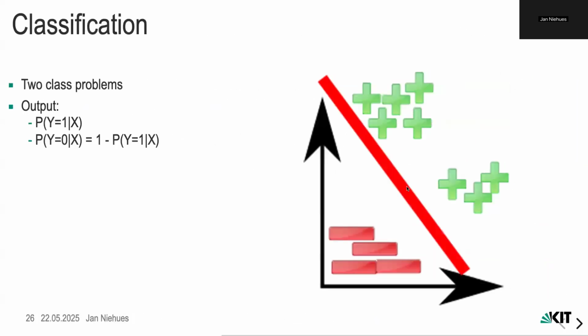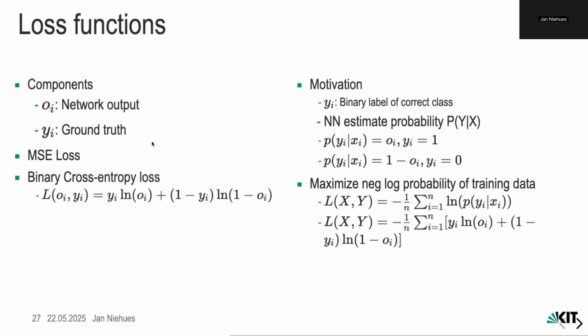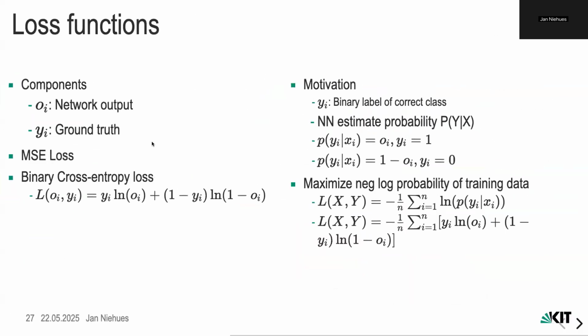So you have this binary problem, and then you have as output the probability that the label is 1. And to get the probability that the label is 0, you just do 1 minus the output probability. If you want to learn these types of things, one successful loss function is that we're trying to maximize the logarithm of the probability of the right label.